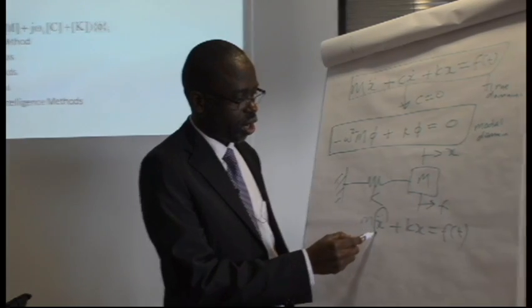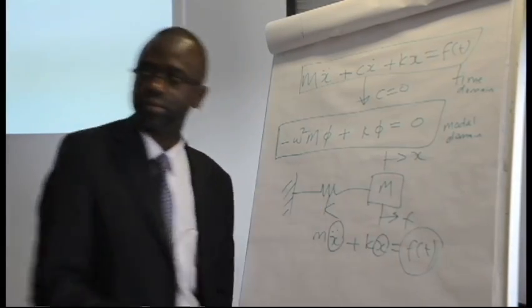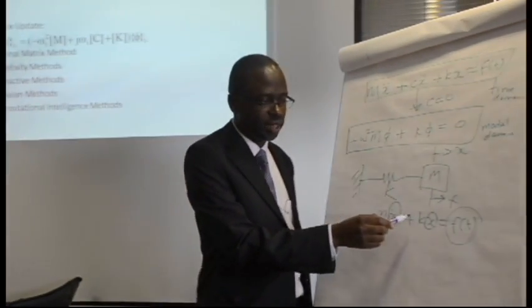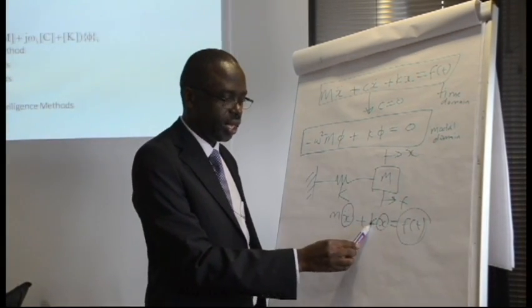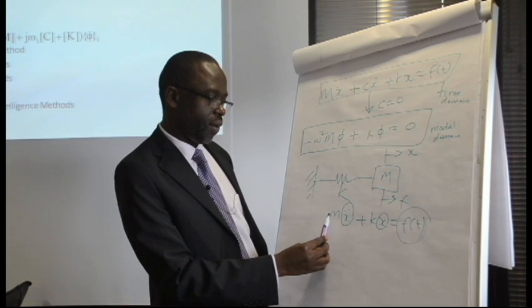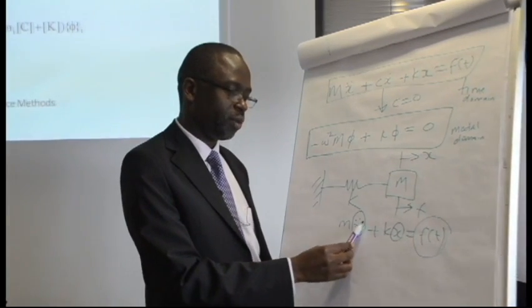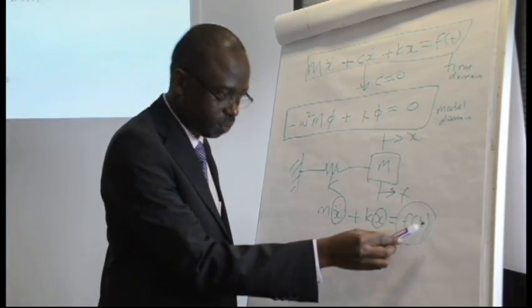Now if you were to measure your x, your velocity, your acceleration and your forces, and your finite element model is nothing but just the m and the k, you can identify the m and the k by doing an optimization process, which will make sure that if you put the m and k that you predict, and multiply them by the acceleration and the displacement that you have measured, it will give you the force that you have put forward.